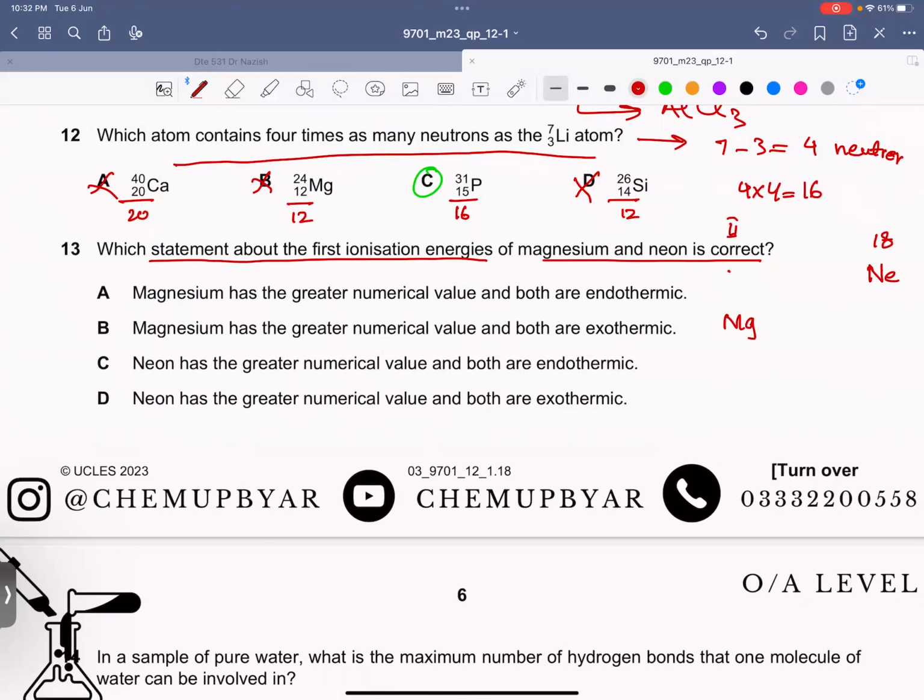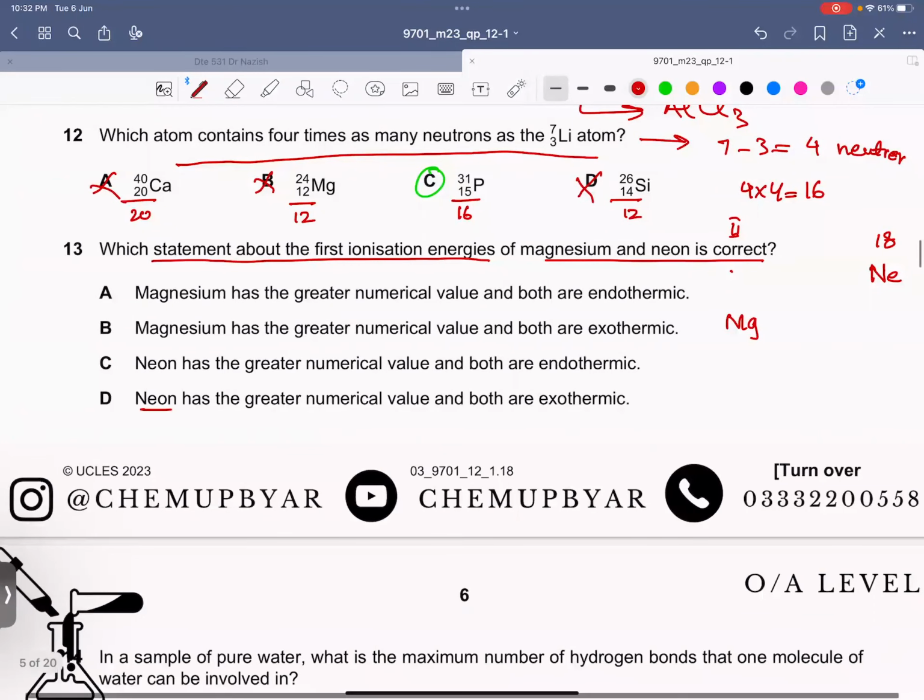Obviously, it will be neon because it has only 2 periods. So the valence electrons are closer. And ionization energy is never exothermic. So D goes wrong as well. And C is your correct answer.